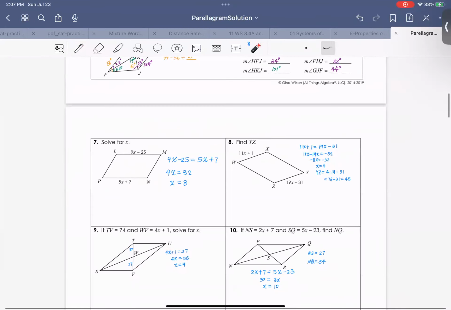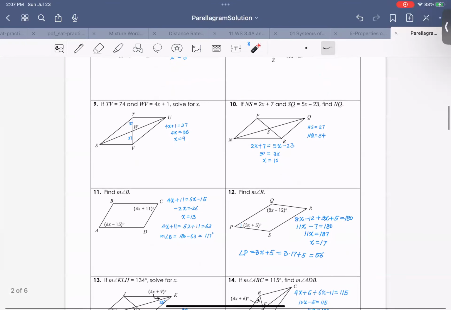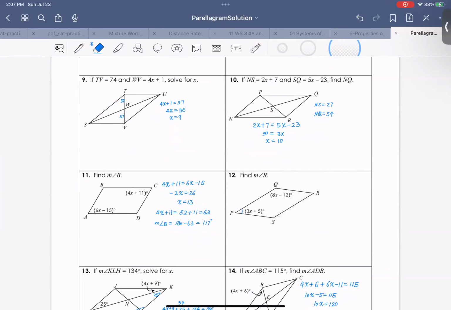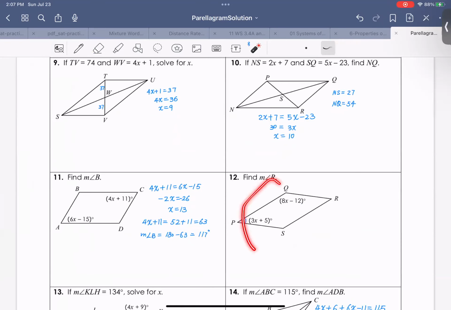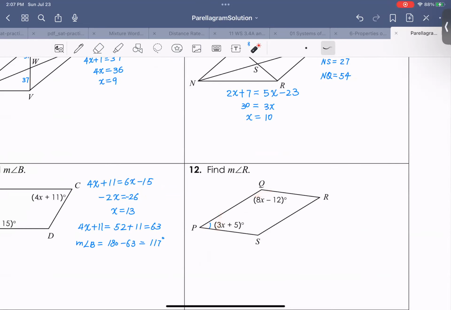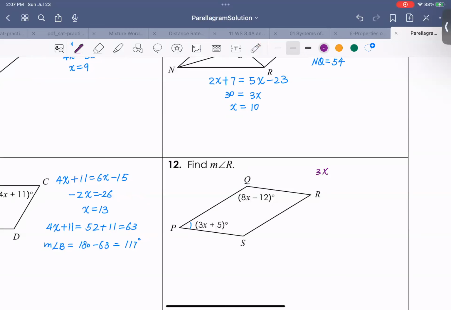Next, we will have algebra combined with angles. Let's see, Angela, let's solve this one. Let's use algebra 1 to solve this. There are two angles given here. What do we do next? 3x plus 5 plus 8x minus 12 equals 180. 11x minus 7 equals 180.